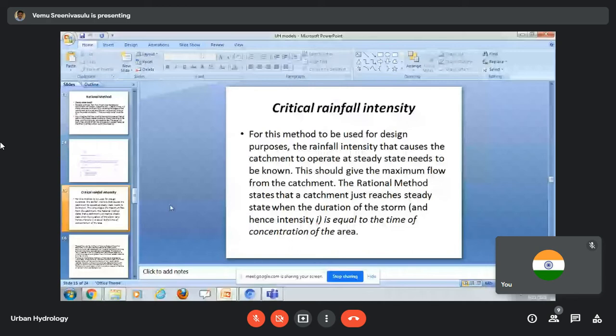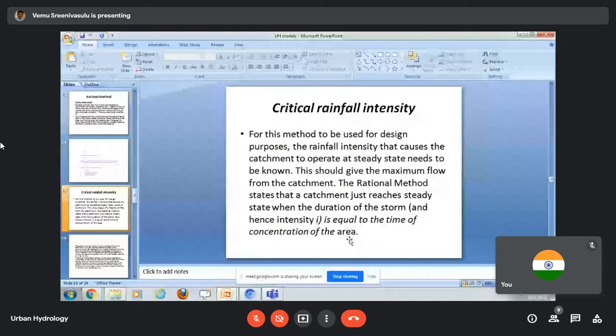The rational method states that a catchment just reaches steady state when the duration of the storm is equal to the time of concentration of the area. Then it reaches a critical rainfall, or you can say the steady state is reached.